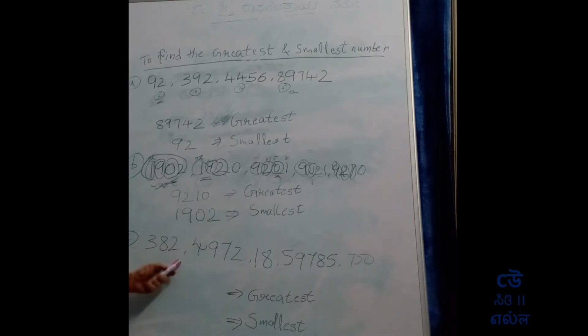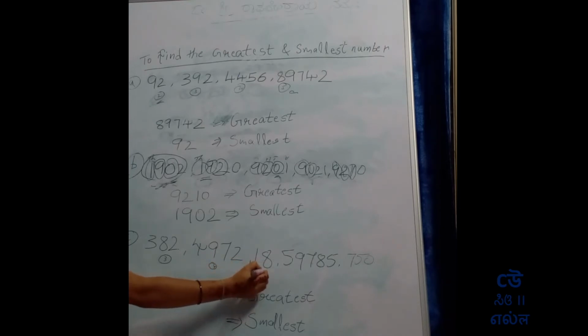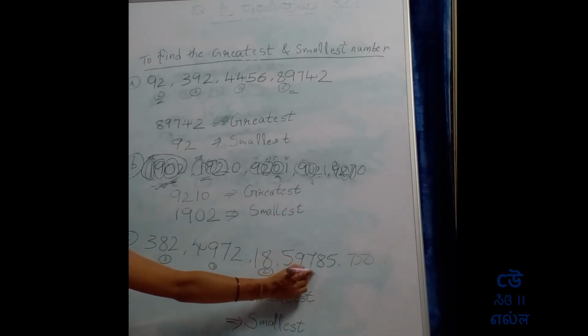In 382, we have 5 numbers here too. The first step is, we will count the number of digits in each number and write it down. 1 2 3, here 1 2 3 4, here 1 2, here 1 2 3 4 5.